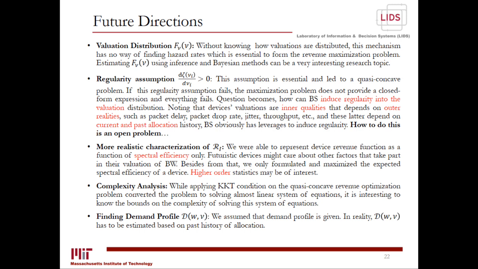But at the end of the day, valuations of devices are somehow related to the past experience of the device, meaning how much bandwidth it was allocated or how much it was charged. So there is a magical link between the valuations of wireless devices and the past history of their allocation. One future direction can be to figure out that magical link in order for the base station to be able to influence the regularity assumption so that this assumption always holds.